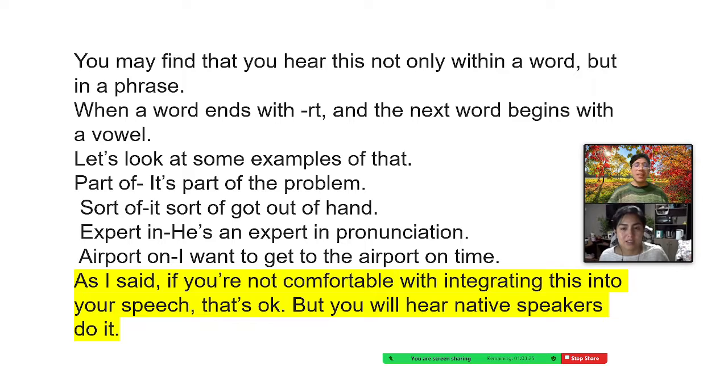Expert in. You don't say expert in, you say experdin. Amazing. Please read the sentence. He's an expert in pronunciation. Expert in. Pronunciation. Next one.